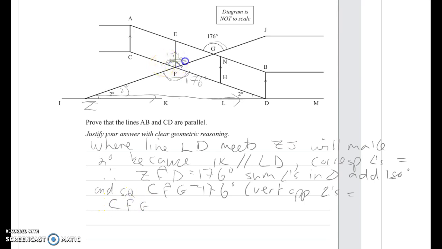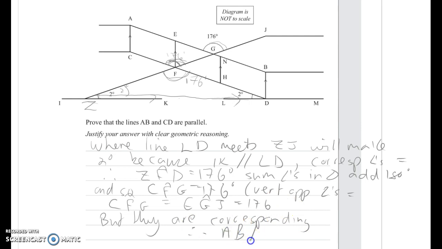CFG, this one here, equals EGJ, equals 176, but they are corresponding. Therefore, AB is parallel to CD, QED.